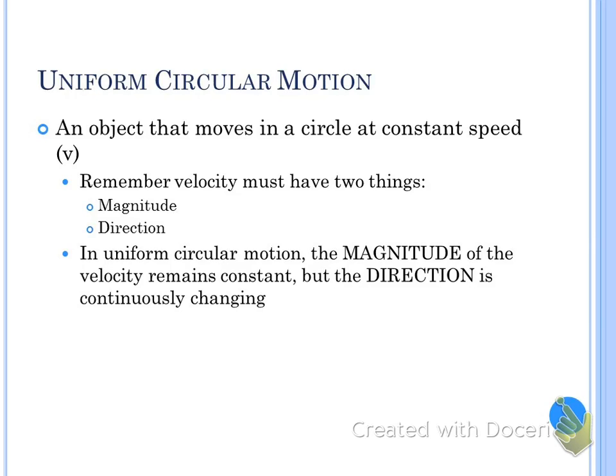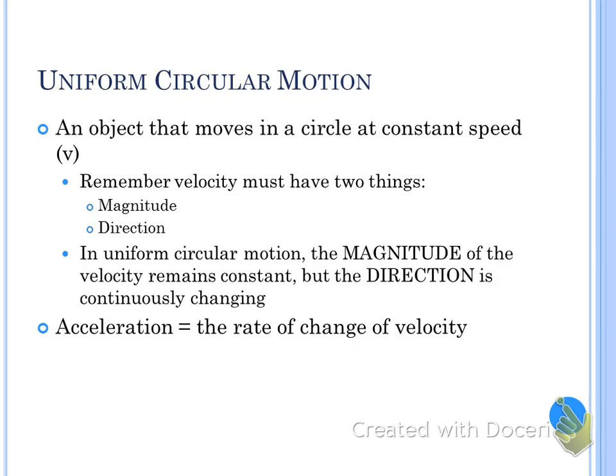Do we have any acceleration in our object? What does acceleration mean? A change in velocity. Is our velocity changing? Yes, our velocity is changing. A change in velocity can be either in the direction or the magnitude or both.